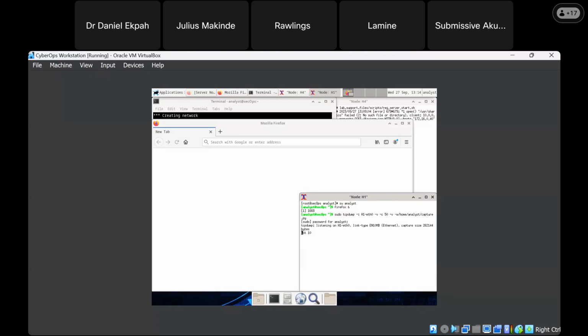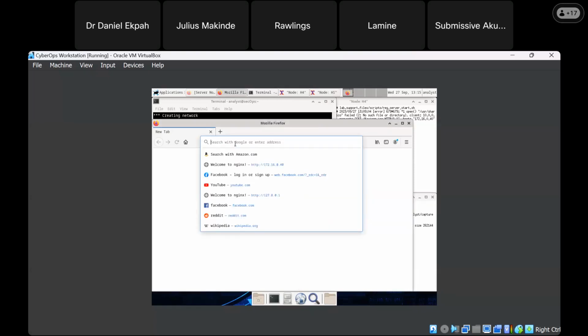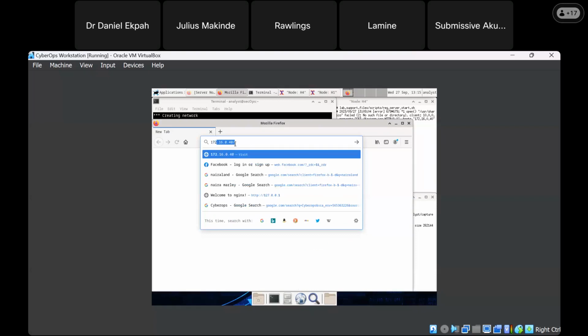Can you see my screen, please? So what I actually skip here is this. This capture will stop after 50 packets, as it's configured with the -c 50. So it's going to stop after that, and when it immediately stops, we go straight to this, and then we type 172, right?